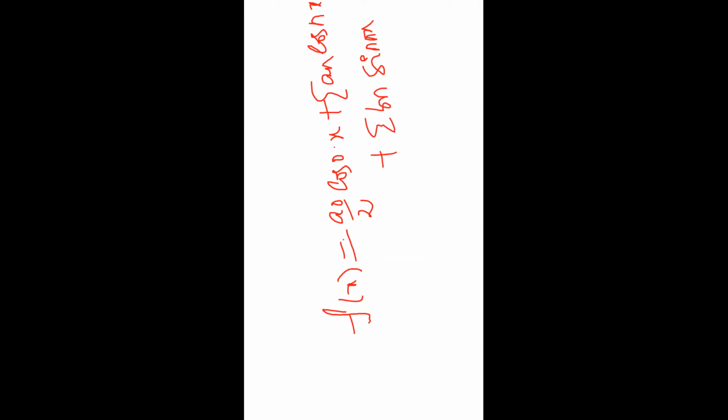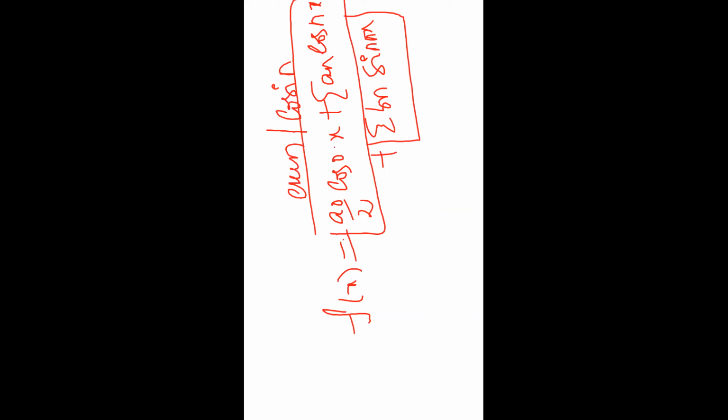So these two are multiples of cosine, and cosine is always an even function. That's why, suppose if f of x is even, we have to find out these two values. The boxed value is called the even or cosine function. And the last box is called the odd or sine range.